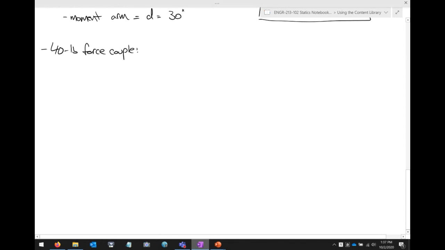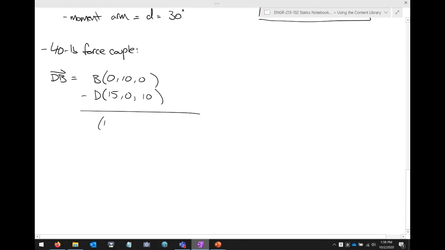So let's do some figuring here. First thing we need is vector DB. Vector DB is going to be the coordinates of B minus the coordinates of D. B was 0, 10, 0, and D is 15, 0, 10.